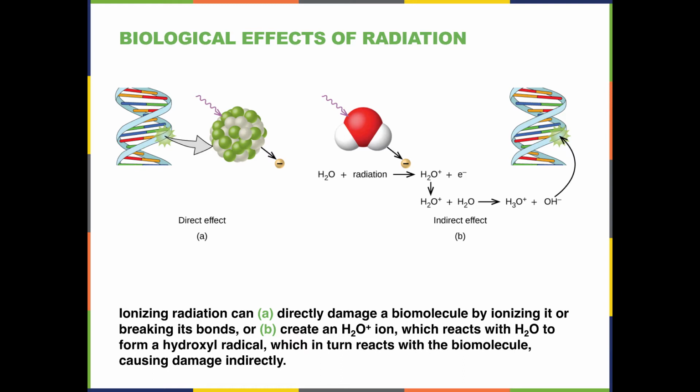So ionizing radiation can directly damage molecules, or it can cause changes in water, causing those changed water molecules to interact with biological molecules and indirectly damage them. Actually, another very important molecule that can be damaged is something called superoxide, which is oxygen.